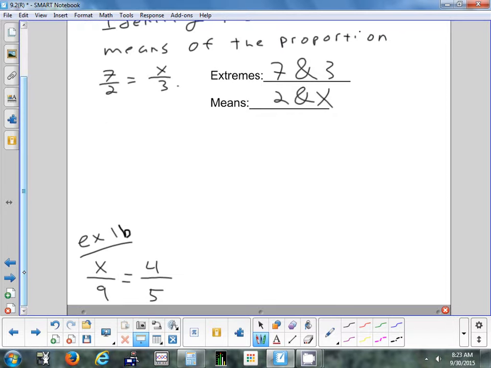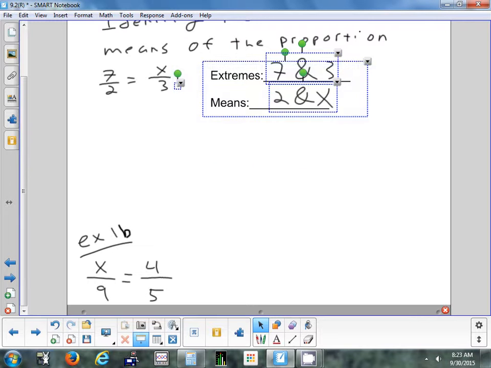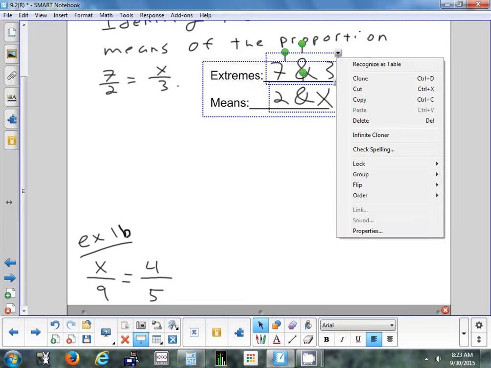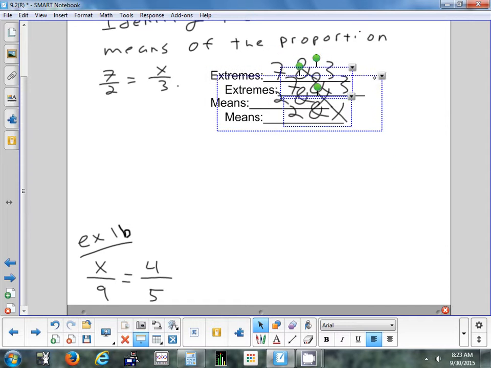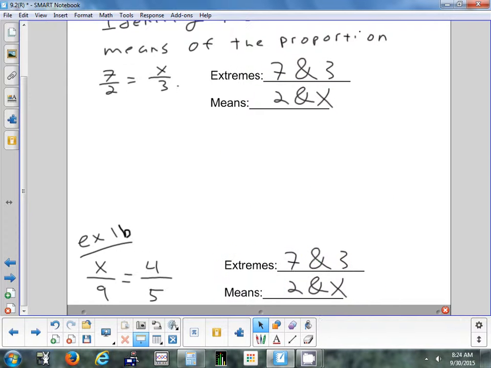Okay, let's do the same thing right here. Take a second, look at it, and see if you can figure out the extremes and the means. So guys, you have a space for 1B. You just have to write it in. How about Ben? Can you tell me what my extremes are?